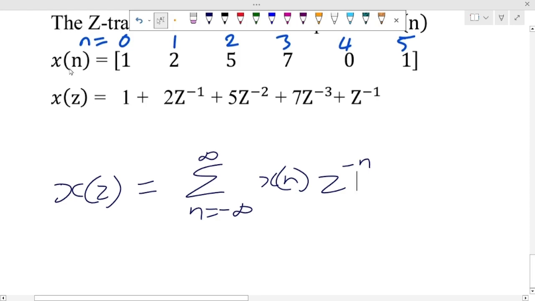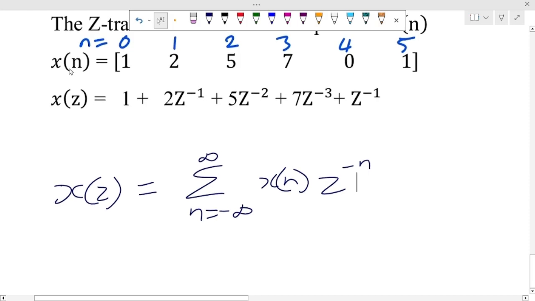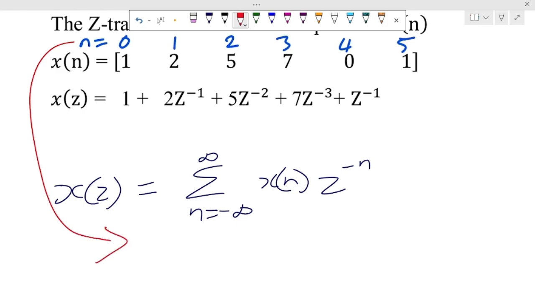Now, for the first case, we just substitute these values inside. For this one, x of n is 1.